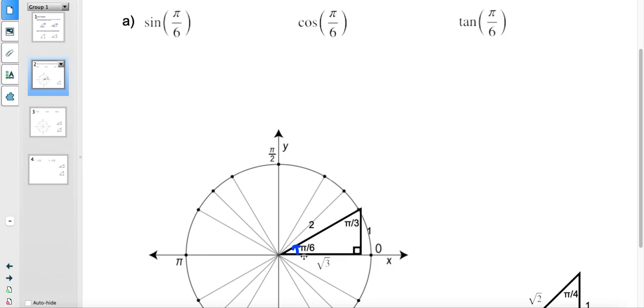Let's start with sine. Okay, sine, remember, is opposite over hypotenuse. The opposite side of my triangle, that's 1. And this represents the y value, right? Because it's going up and down.